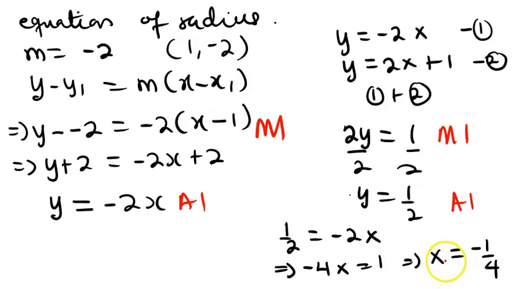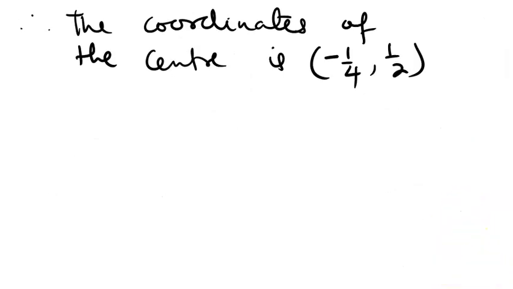What it means is that if the x value is wrong, you are going to get only half a mark for the y value, and if the y value is also wrong, you only get half a mark for the x value. And therefore, for the correct coordinates of the center, you get A1. In all, you have 13 marks.